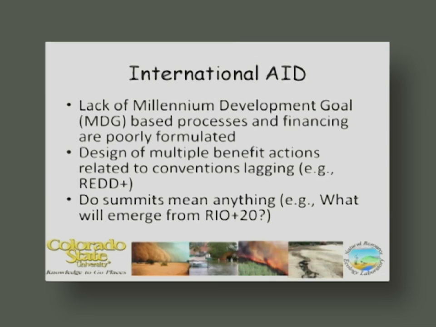We don't actually have a mechanism to look at multiple benefits of various conventions, and the issue of reducing emissions from deforestation and land degradation, which is part of the carbon sequestration and forest conservation efforts, is not well formulated, and it's lagging behind what's needed.